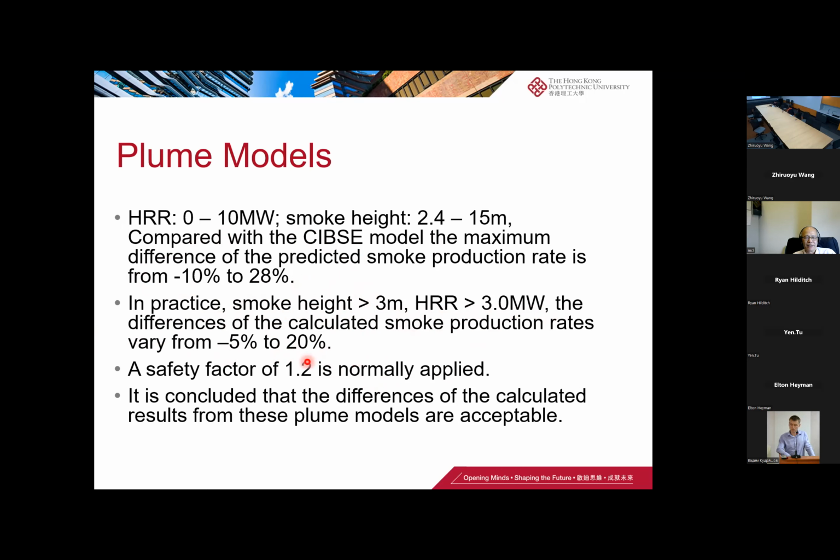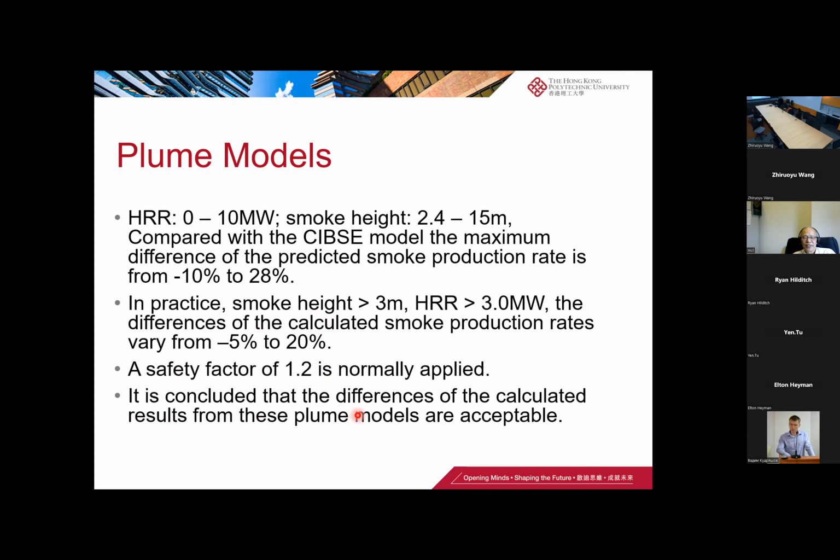In practice, when we use these plume models to calculate the smoke production rate, we normally apply a safety factor of 1.2, so providing 20% additional capacity for the extraction fan. So if we take this into account, this will recover this 20% difference.